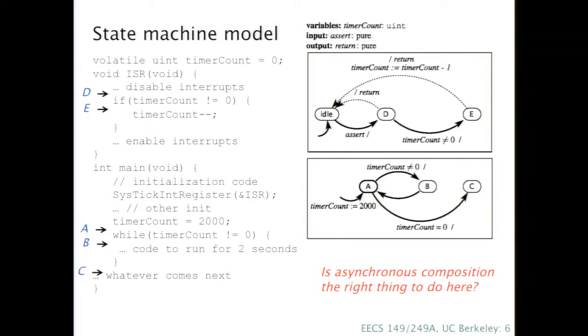Based on the same argument I used against synchronous composition, if I'm going to do asynchronous composition, it had better be interleaving. I don't want these two machines to react simultaneously. So the question becomes simpler: will asynchronous interleaving semantics be the right way to compose these two state machines?